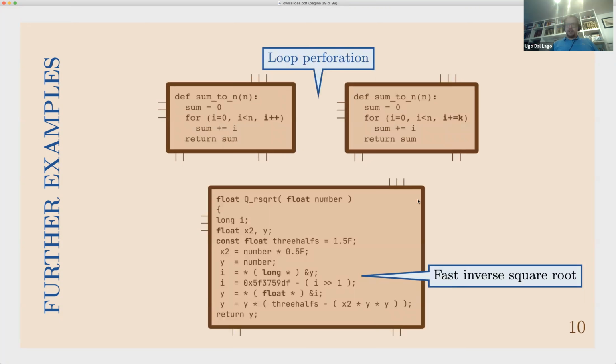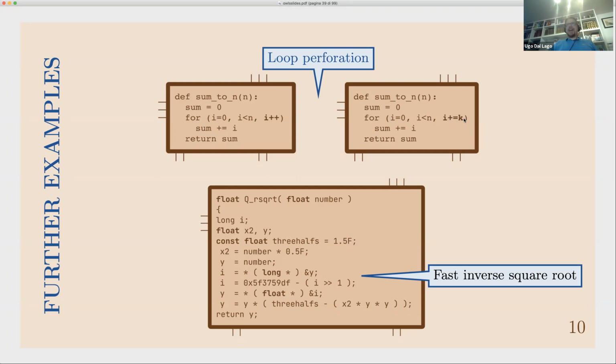And there are other further examples. One technique which has been quite popular recently is the so-called loop perforation, in which you take a for loop as traditionally conceived, which iterates over its body n times, and you transform it into a for loop which iterates over its body once every k values of the index i.